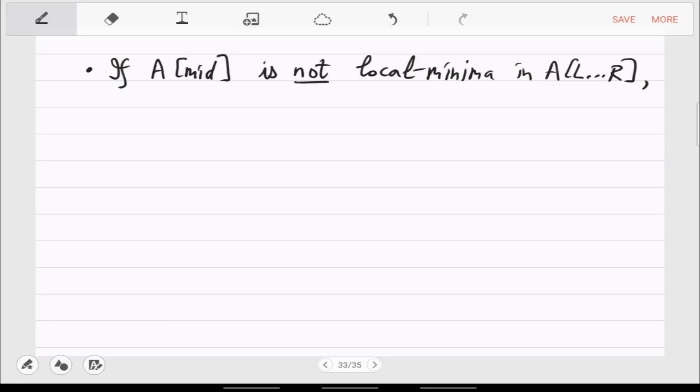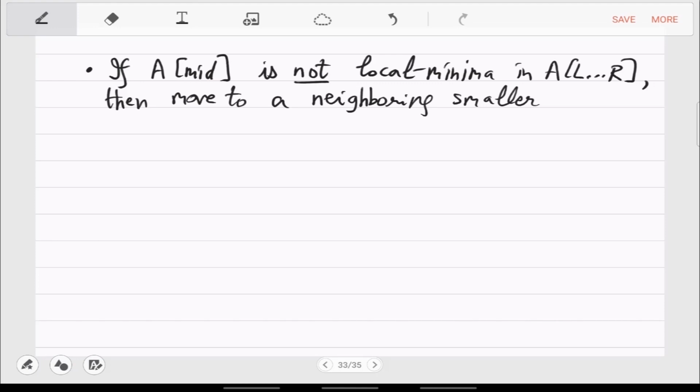So we should take that chance and move to a neighboring smaller element, which can be mid - 1 or mid + 1.